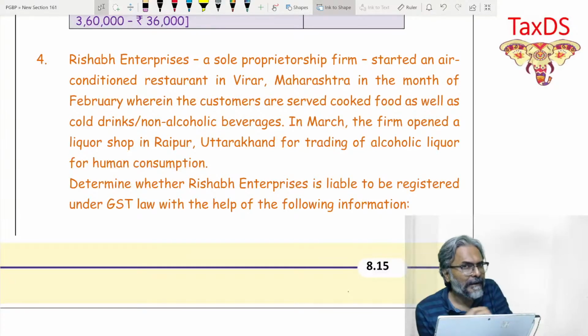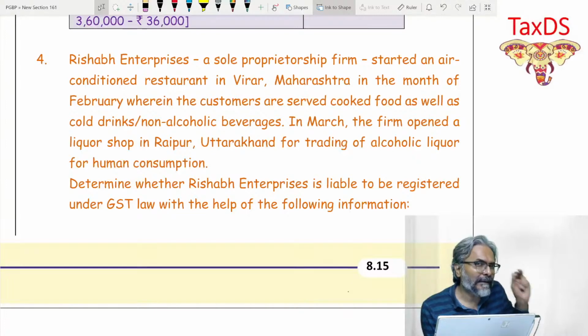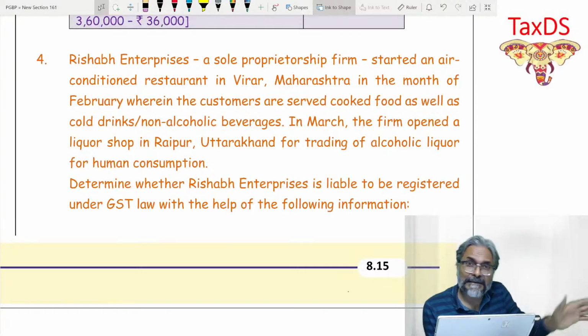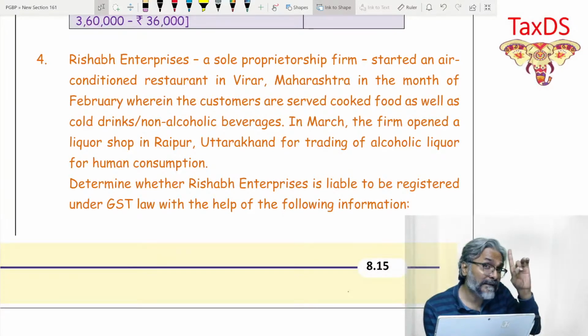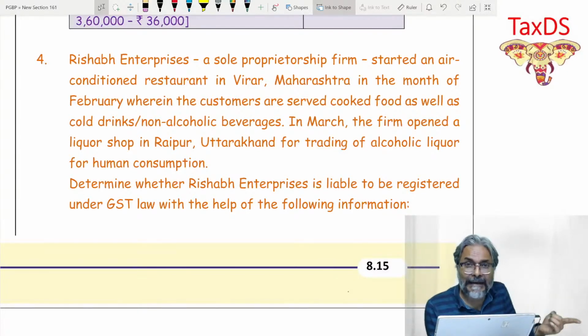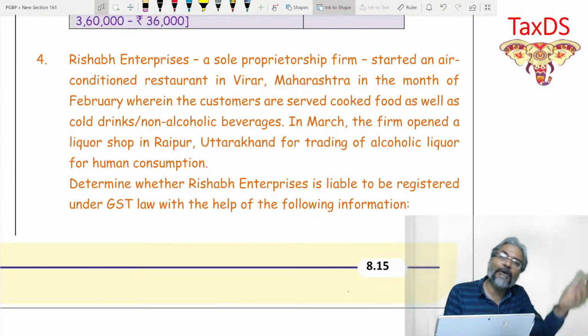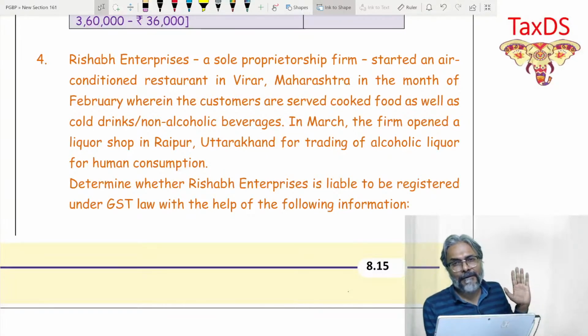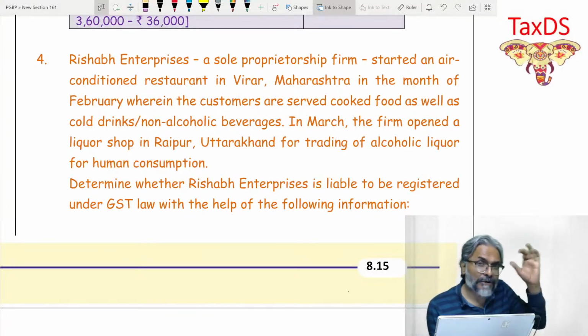But now please tell me, when you talk about aggregate turnover, students, do you consider all the supplies, taxable and exempted? The answer is yes. All the supplies are considered. What is not considered in the aggregate turnover is an activity which is not a supply at all.